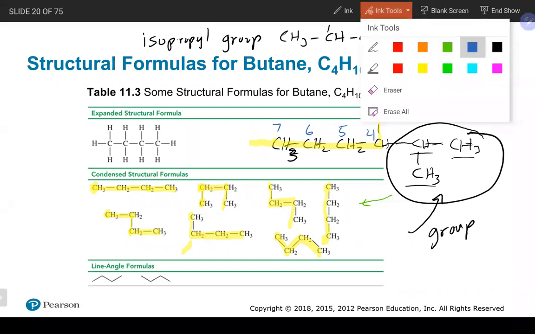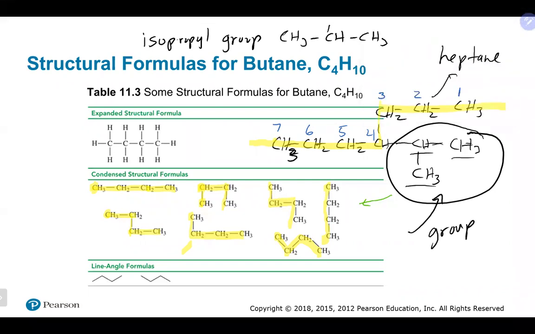The other way we can number it is, frankly, going the other direction. We could call this guy carbon number 1, carbon number 2, carbon number 3, carbon number 4, carbon number 5, carbon number 6, and carbon number 7. So when you go to name an alkane like this, you want to identify the longest carbon chain. You then want to identify the groups that are attached, and you want to find the location.